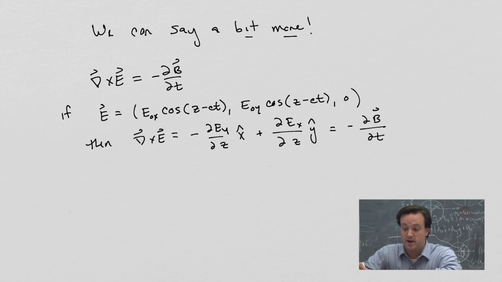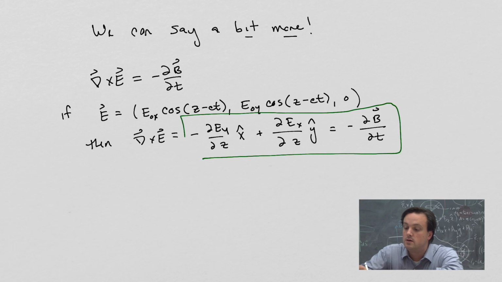The x component is minus dEy dz, and the y component is dEx dz. Both of these only have derivatives with respect to z, of course, because my function only depends on z. And so all of the other derivatives in the curl are automatically 0, and I'm left with only two terms. That, of course, has to be equal to minus dB dt.